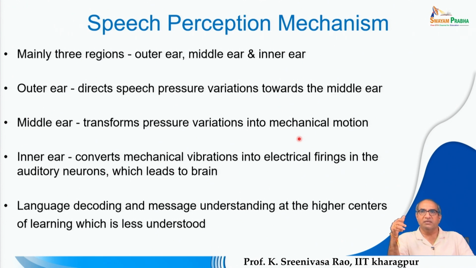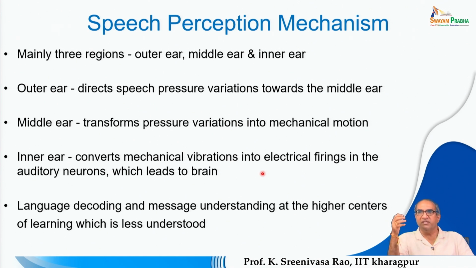With that it converts the acoustic variations into mechanical motion. Then this mechanical motion is coupled to the inner ear, where the inner ear converts these mechanical vibrations into electrical firings, and those electrical firings are coupled to the auditory nerve.